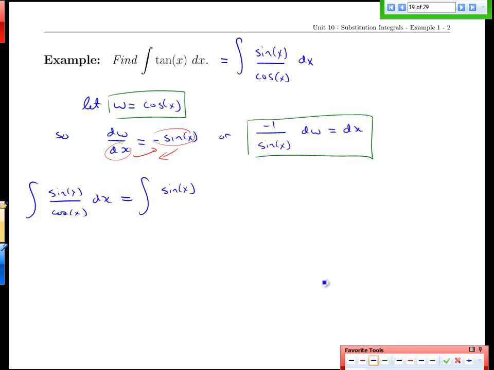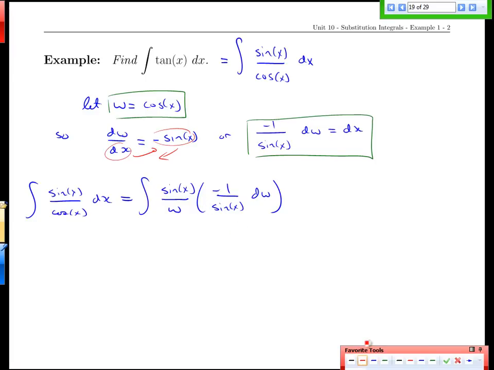So our w is cos of x, so we can change the bottom for w, and the dx is equal to negative 1 over sine of x dw. And it is important to keep these d's around. I know some people think they're just little placeholders. Remember, they actually represent small changes in x or small changes in this new variable w. So they are relevant.